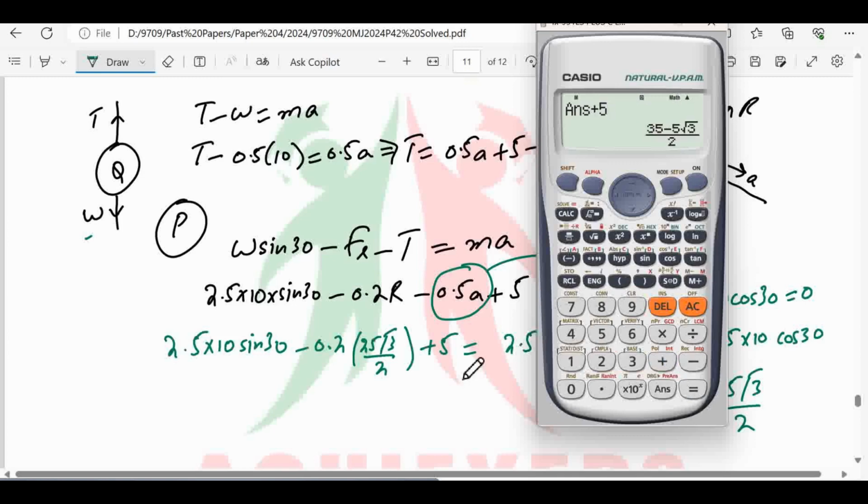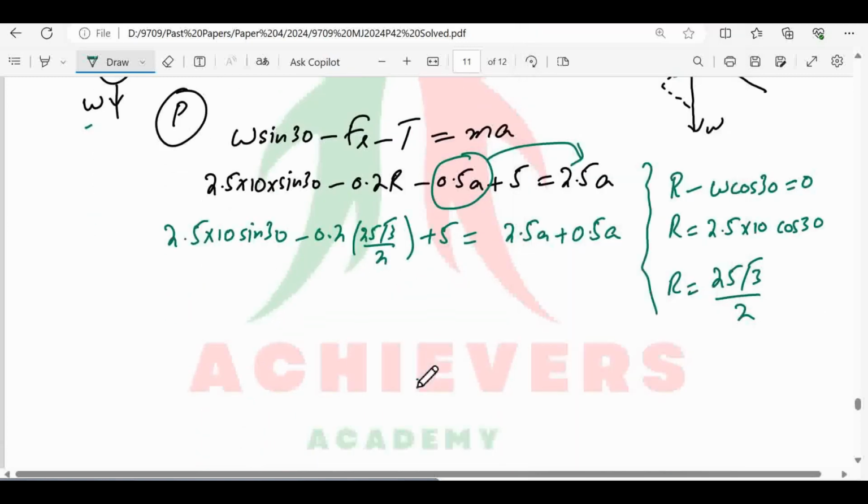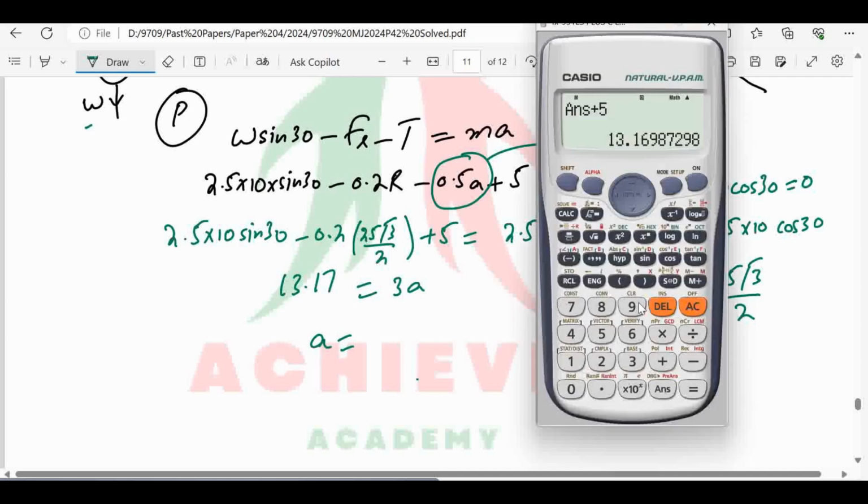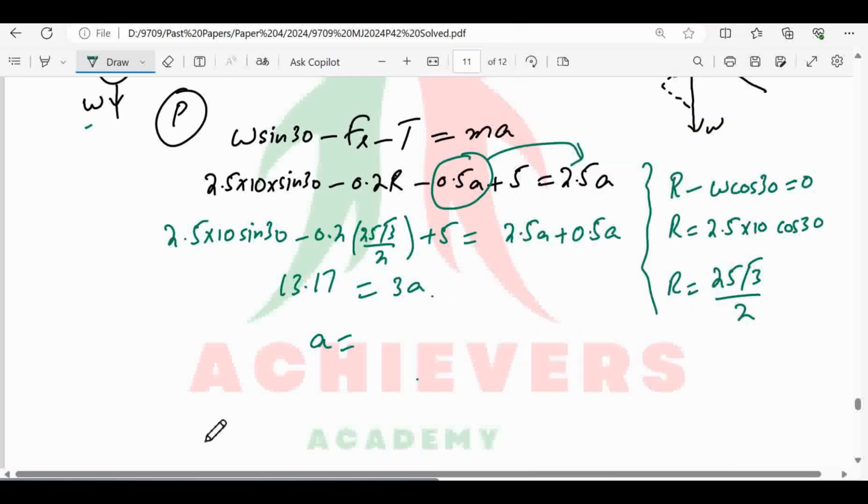So this will be 35 minus, let me write, 13.17, which is equal to 3A. So A will be equal to, we have to divide it by 3.